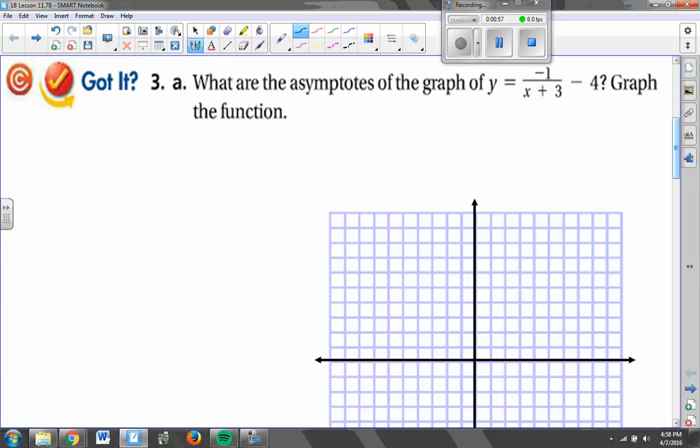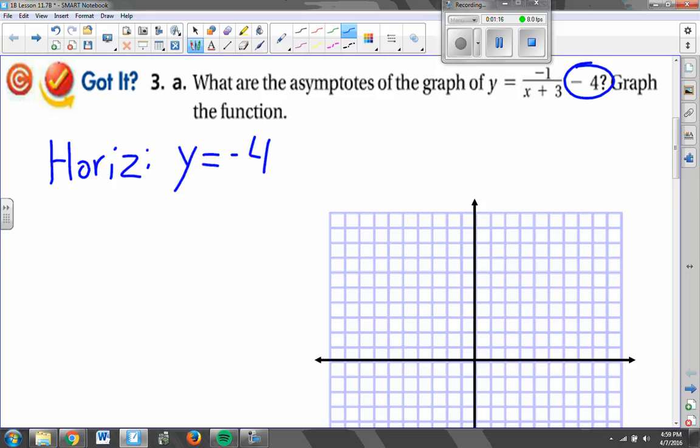And the asymptote, remember, our horizontal asymptote is given by that value there. The horizontal asymptote here is at y equals -4.